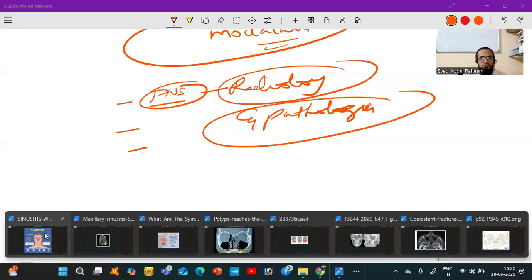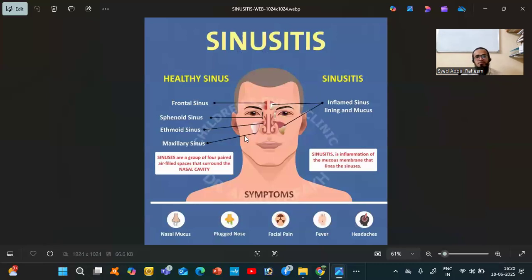Now what is called sinusitis, the most common disease nowadays of the upper respiratory system. In healthy sinuses you can see frontal sinus, sphenoid sinus, ethmoid sinus, maxillary sinus, and nasal cavity.